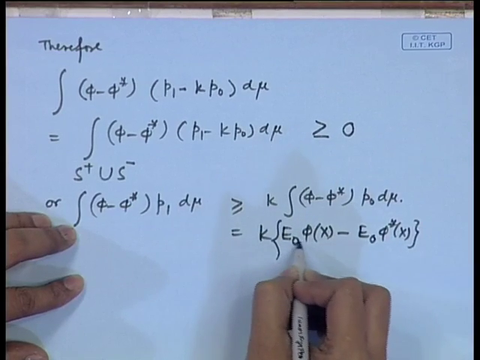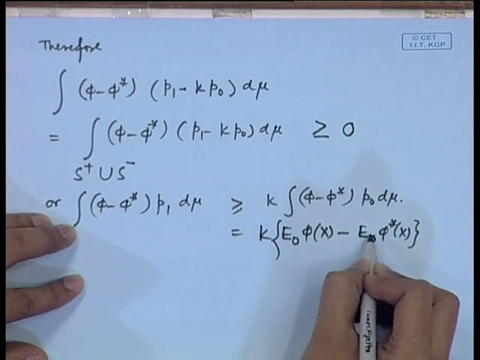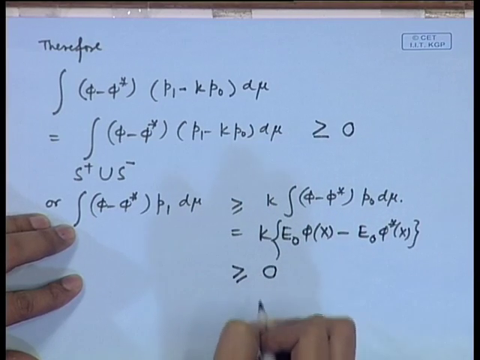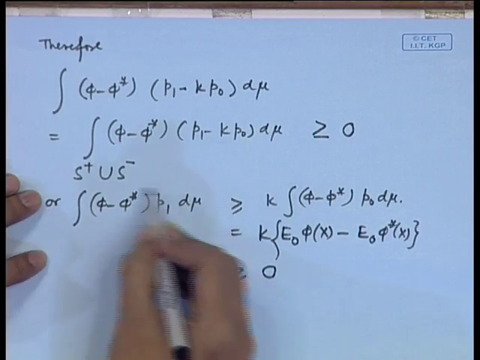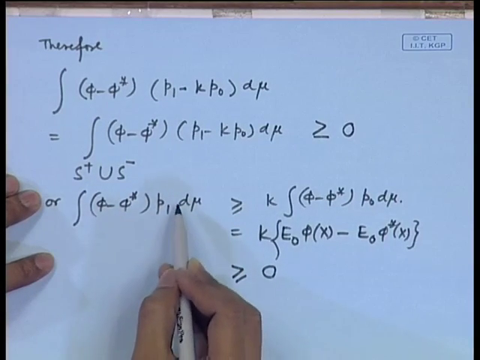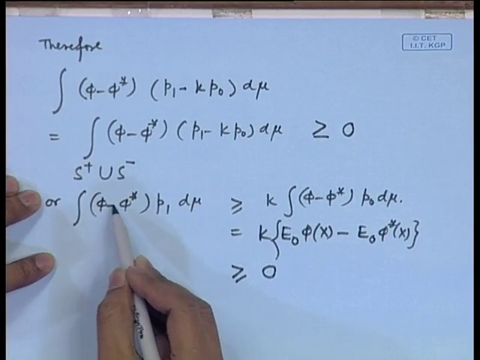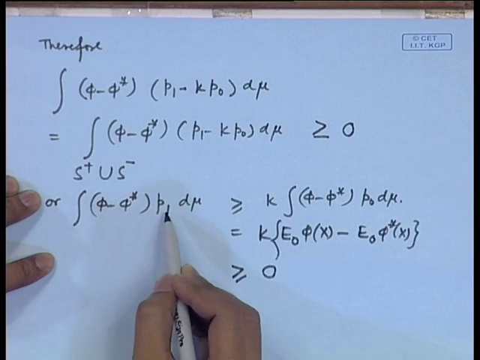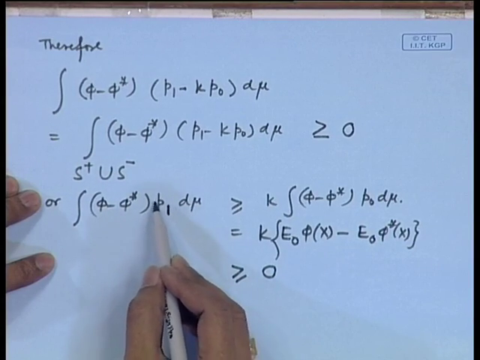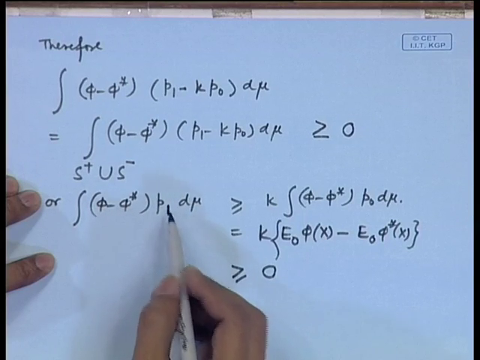Now, expectation naught phi x is alpha, and phi star we have chosen to have size less than or equal to alpha. So, this is greater than or equal to 0. Now, what is the left hand side? This value is the probability of rejecting when H 1 is true. That means, it is the power function.